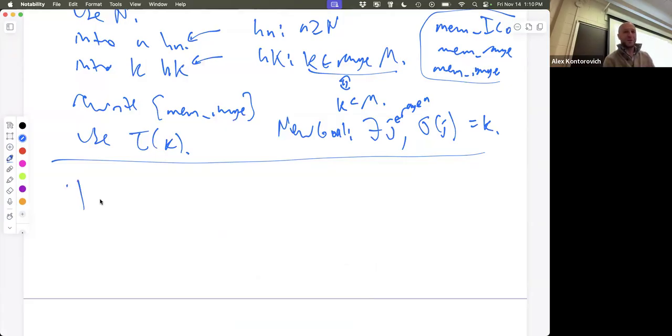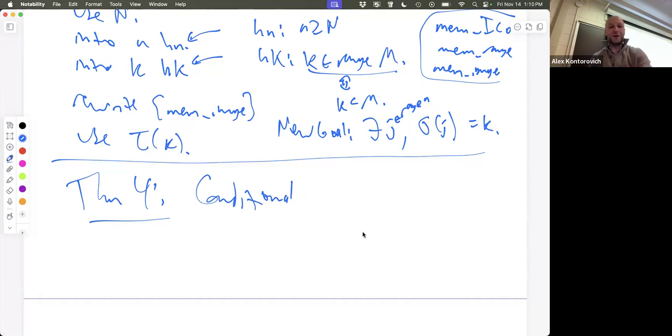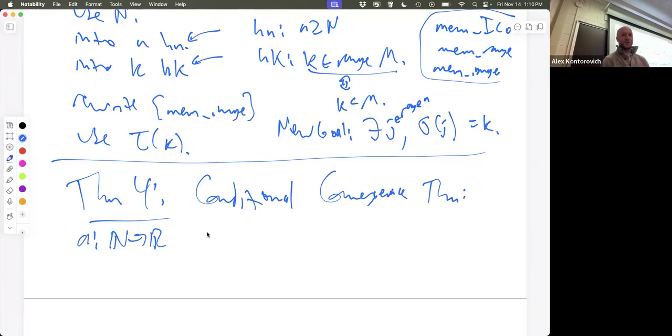Okay, so theorem 4, this is level 4. This is the actual Riemann rearrangement theorem, which I call the conditional convergence theorem. So we have a sequence A. It's conditionally convergent.